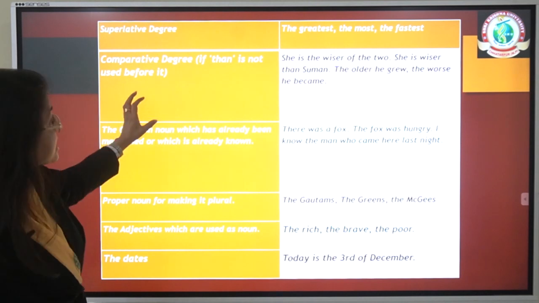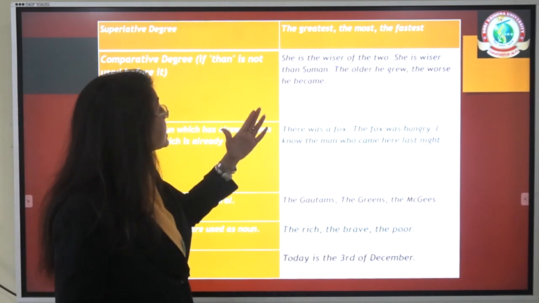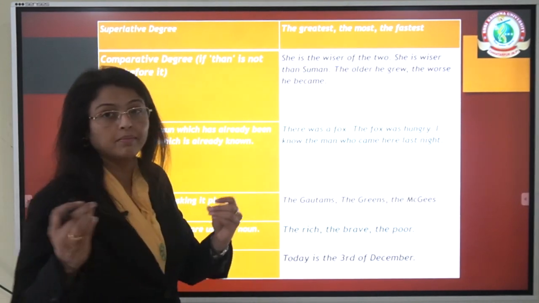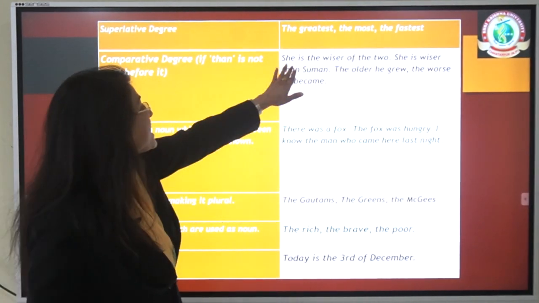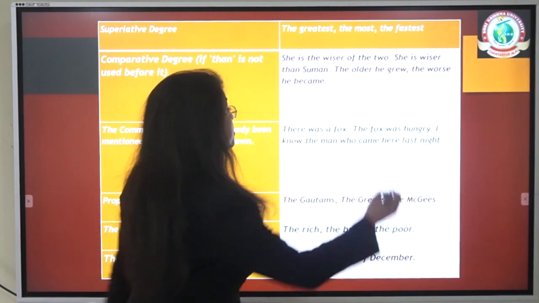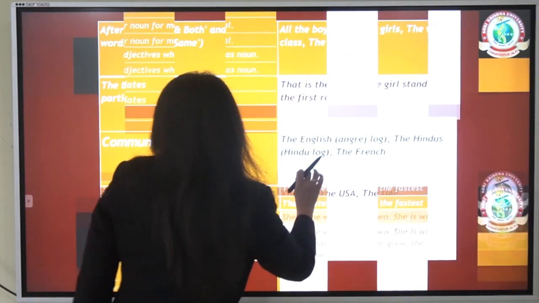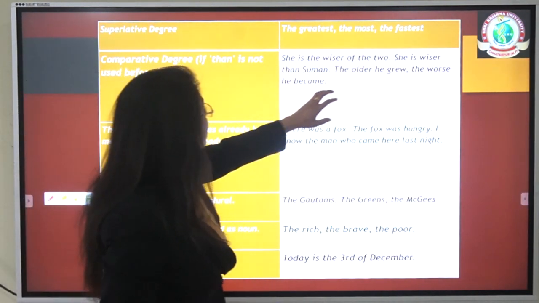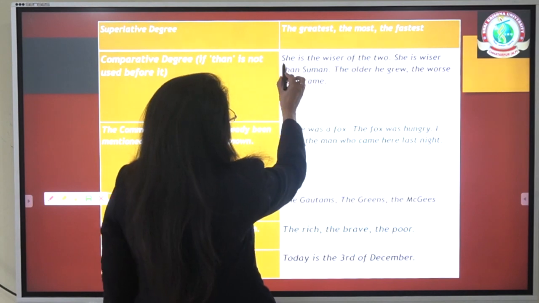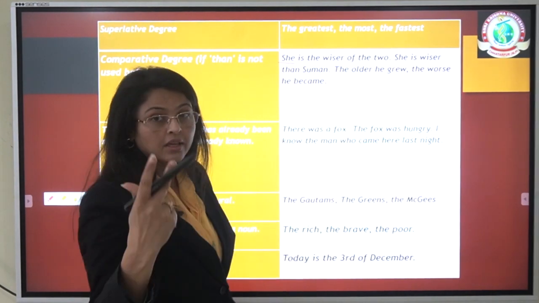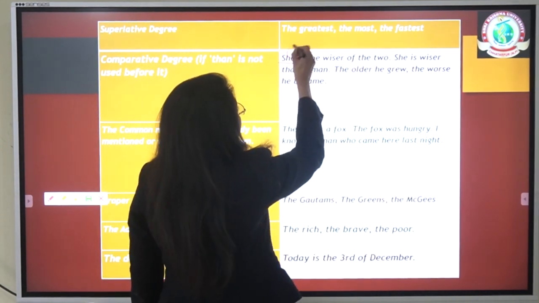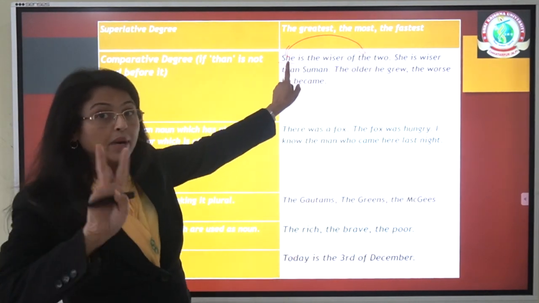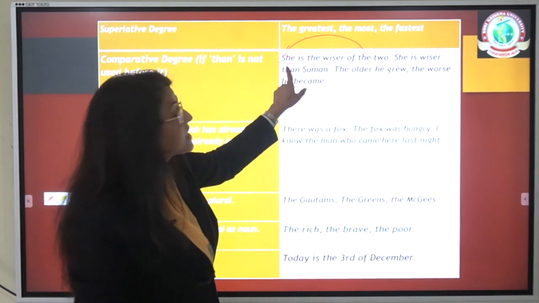Coming on to the comparative degree, you know what the comparative degrees are? Wiser, good, better, best. The most common example: she is the wiser of the two. Why are we using "the" here? We are using "the" because we are comparing one person with another, she amongst two people, and hence this is a comparison.